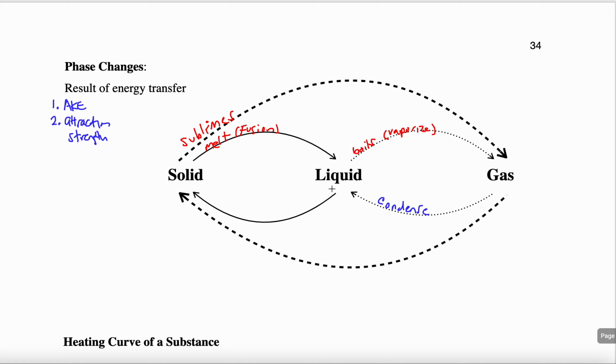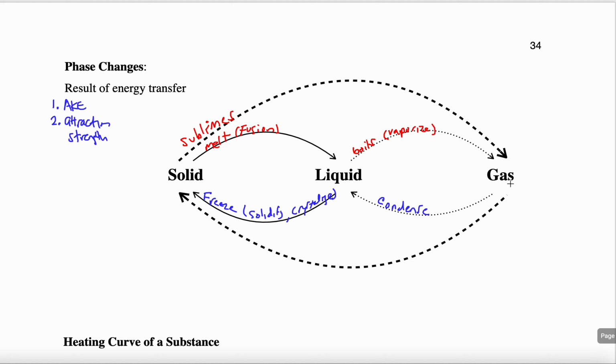When a liquid returns to the solid state, the most common term would be that the liquid freezes. But a couple of other terms that pop up once in a while would be solidify or crystallize. So when crystals form.